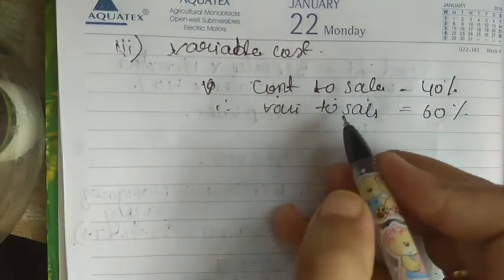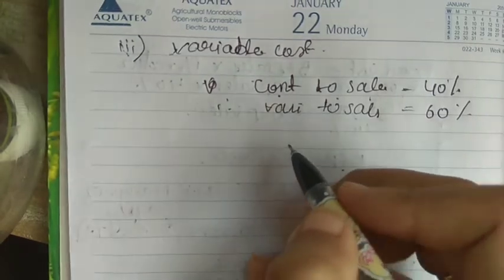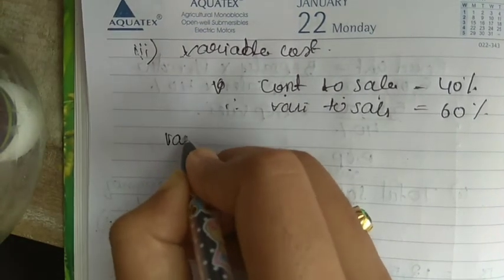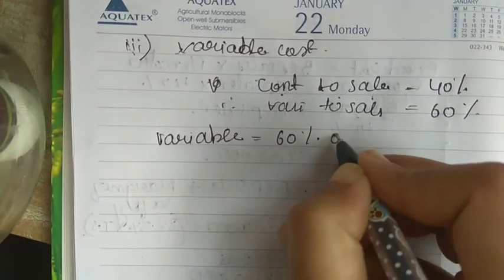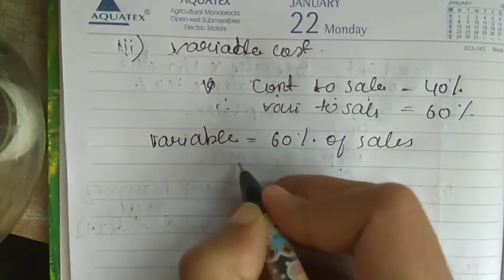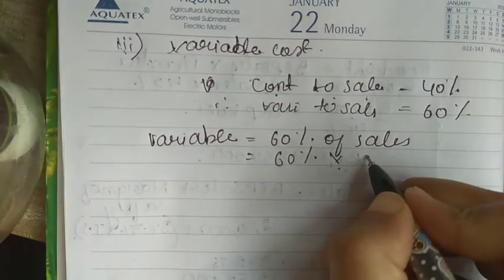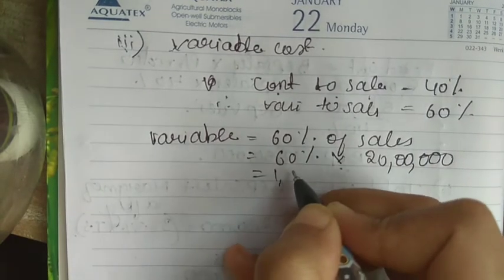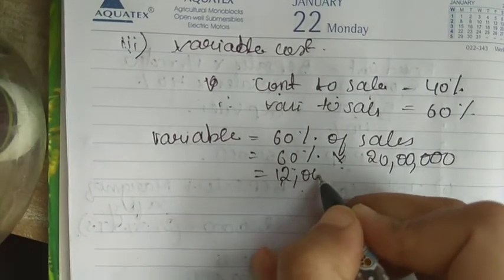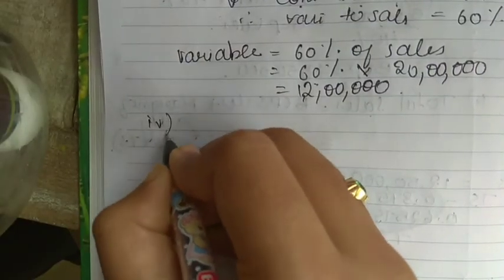So using this we will find the variable cost. Variable cost is equal to 60% of sales. Therefore, 60% of 20 lakhs, that is 12 lakhs.